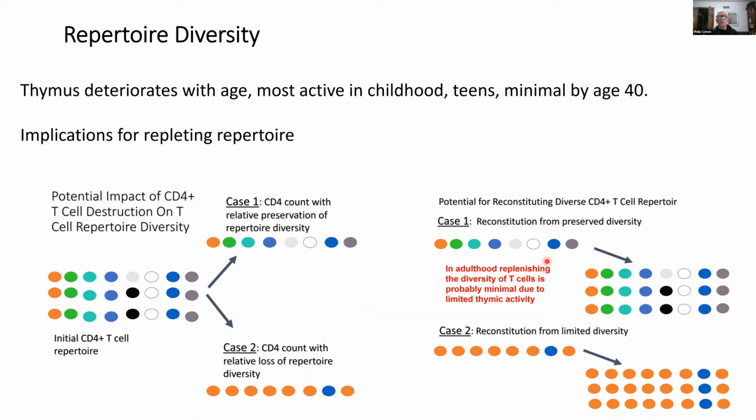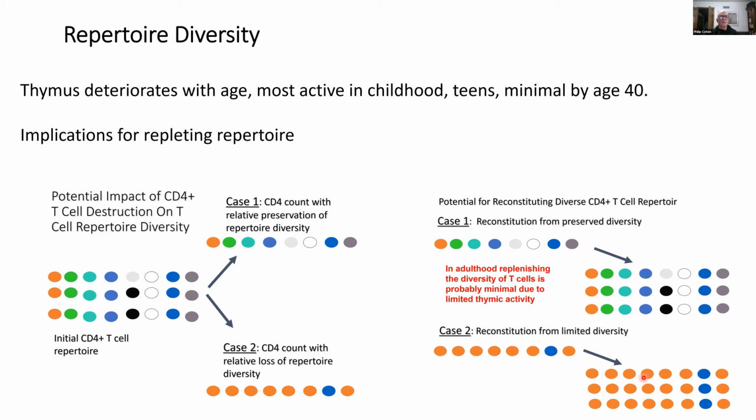And then when you reconstitute, either because something goes away or whatever, if you reconstitute from a diverse residual repertoire, you come out pretty good. But if you reconstitute from a residual repertoire that's not very diverse, then you can generate a lot more T cells in terms of the numbers, but you can't generate the diversity without the thymus.